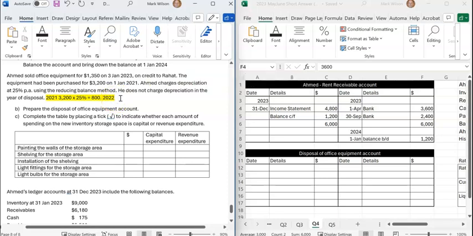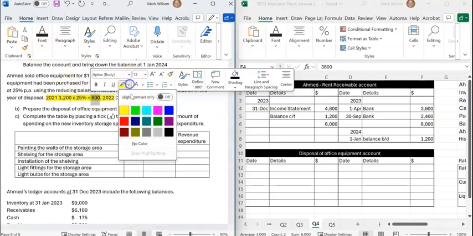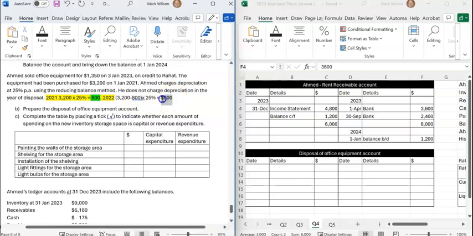So in 2022, the opening balance was 3,200 minus 800, which will give us 2,400 times 25%. And you can do that in your calculator as well. So 2,400 times 25%, or a quarter of 2,400, gives us $600. So over its life, we'll just highlight the two key ones. We've got that one, and we've got that one.